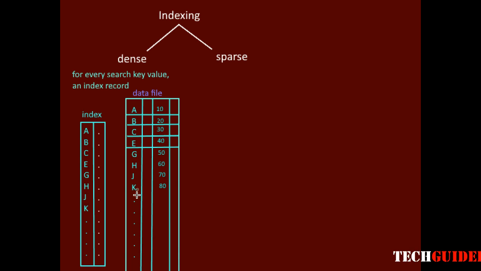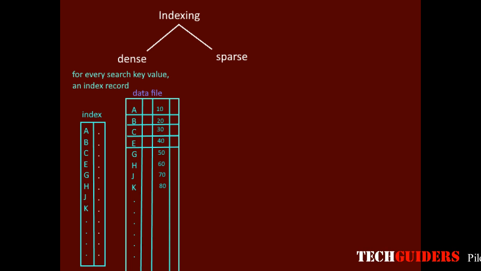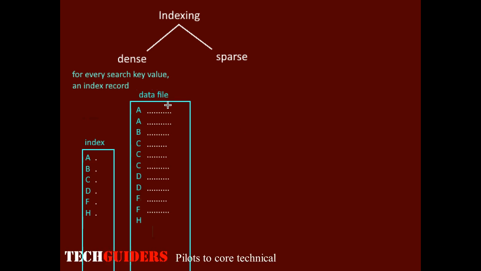Here, let this be the field or the attribute which is used as the index search key. We can see for every search key we are having a corresponding index entry. Such an indexing is called dense indexing. Now consider this example.